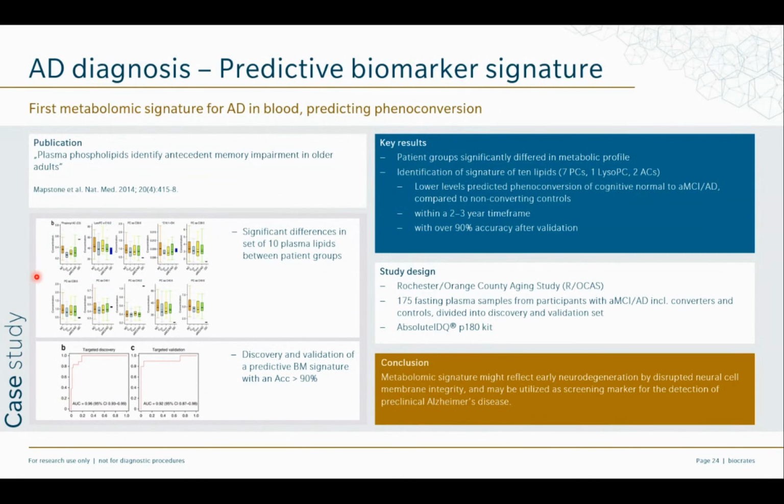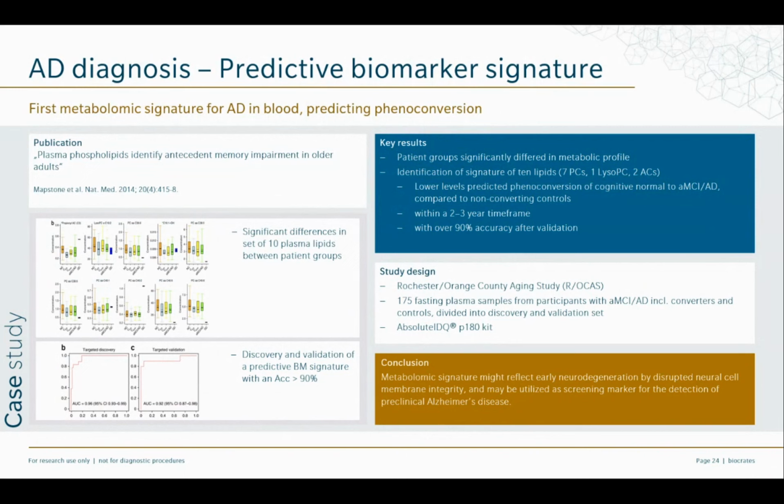But what is also interesting is that the signature seems to actually reflect pathophysiology. Cognitively normal persons that will progress to mild cognitive impairment and Alzheimer's disease had lower plasma levels of all 10 lipids in the panel as compared to individuals that remain cognitively normal.